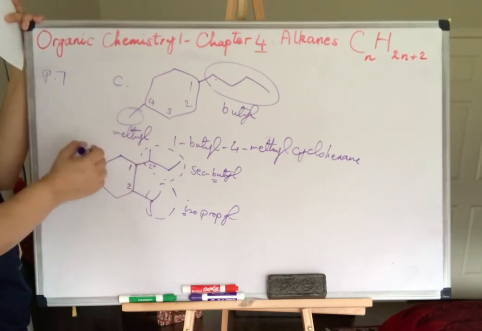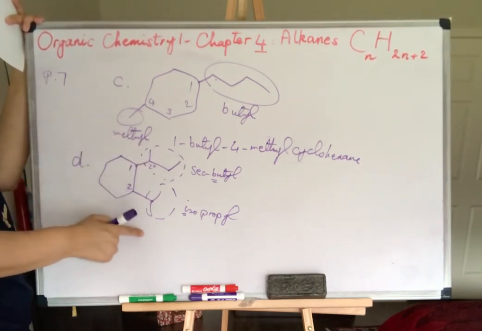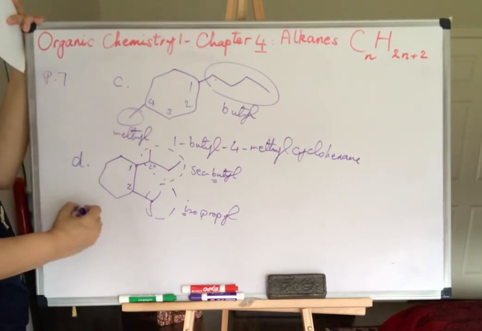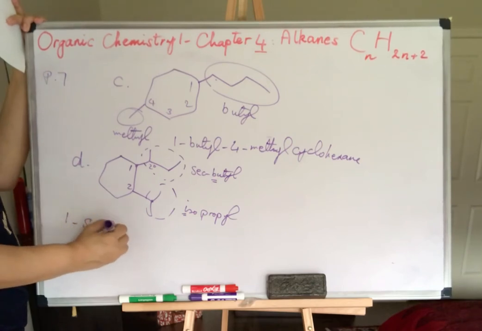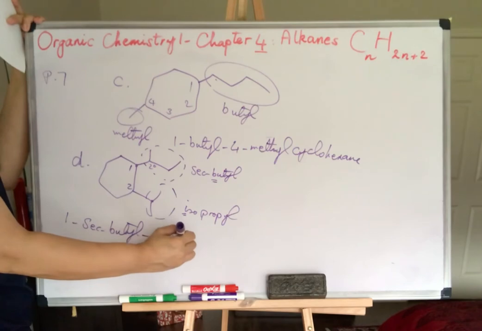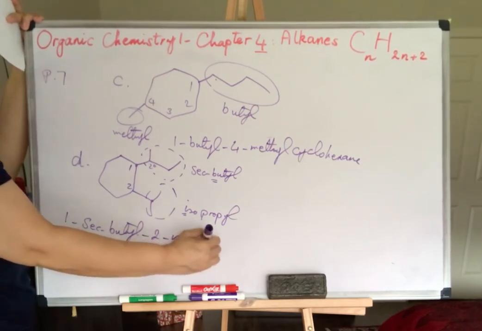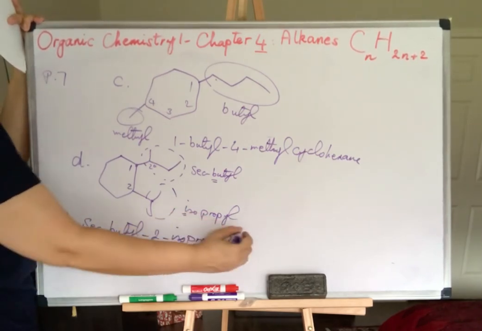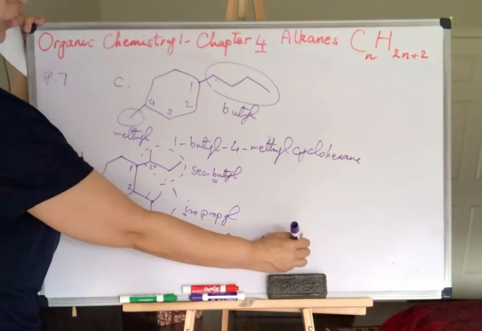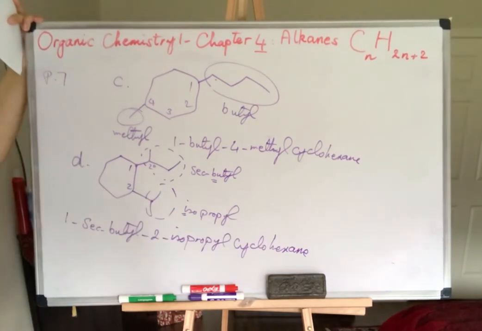I continue clockwise because I want the second carbon get the minimum number. So it's going to be 1 sec-butyl, 2 isopropyl, cyclohexane. Okay?